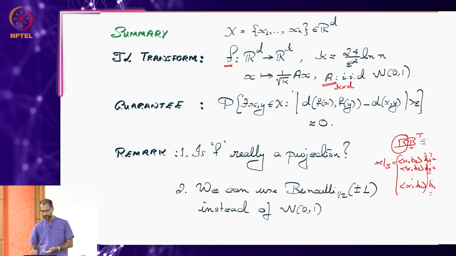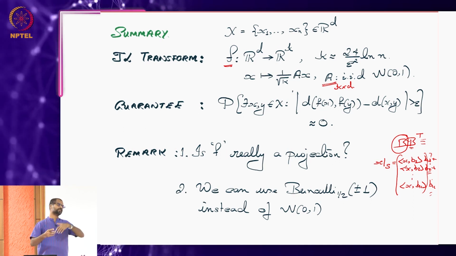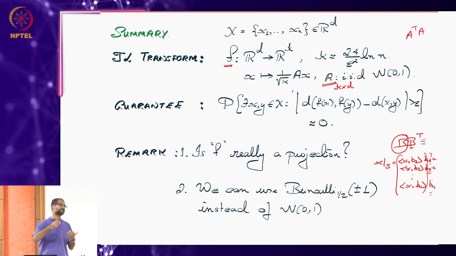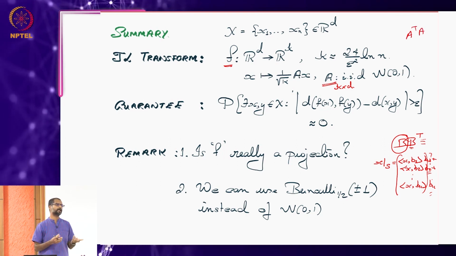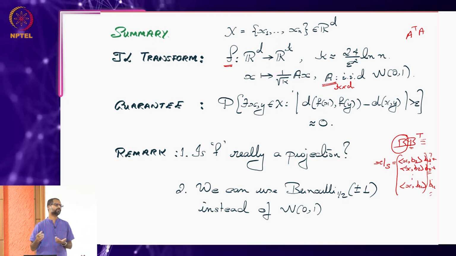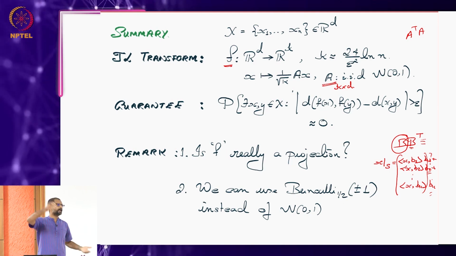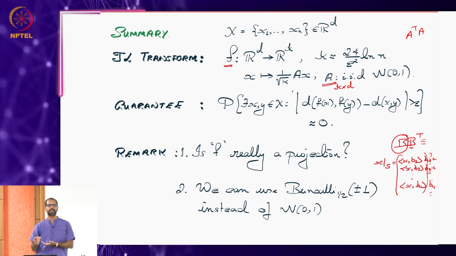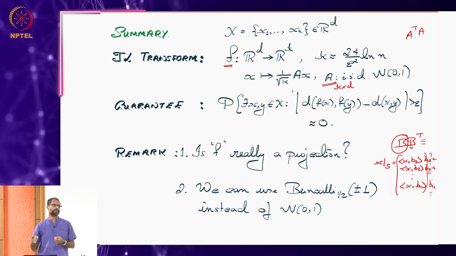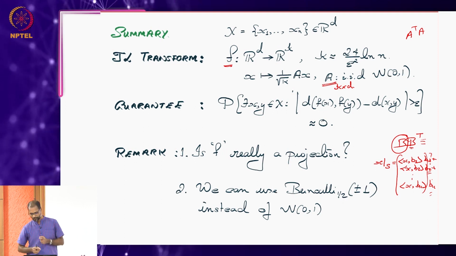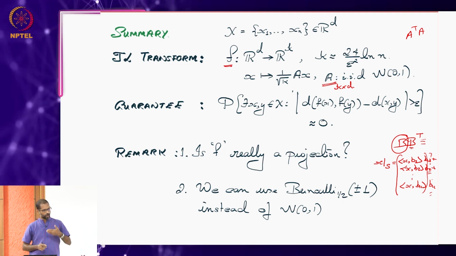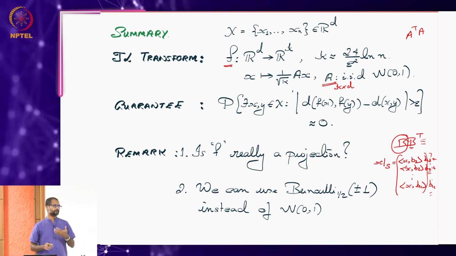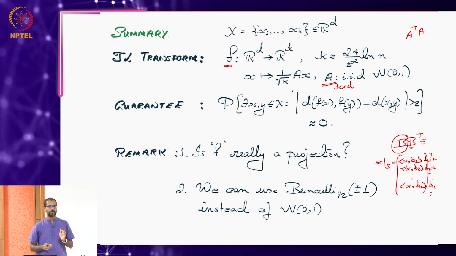So, when you multiply with A, you could also do A transpose A and then say you have represented the answer in the standard ordered basis, but you would not want to do that. You would even have blown up the dimension back again. You would rather represent it as coefficients of b1, b2, ..., bk. So, once more, this is not exactly a projection, but with very high probability it is, because the rows tend to be orthogonal.